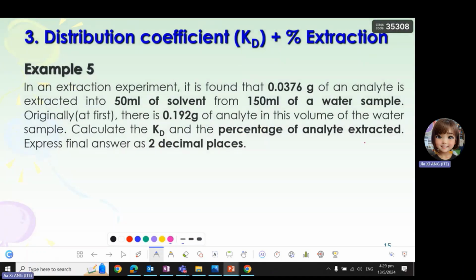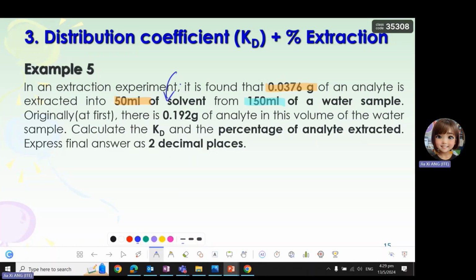Let's try one question and then you'll have a better understanding of how the formula works. The question says that in the extraction experiment, 0.0376 gram of analyte is extracted into 50 ml of solvent from 150 ml of water sample.